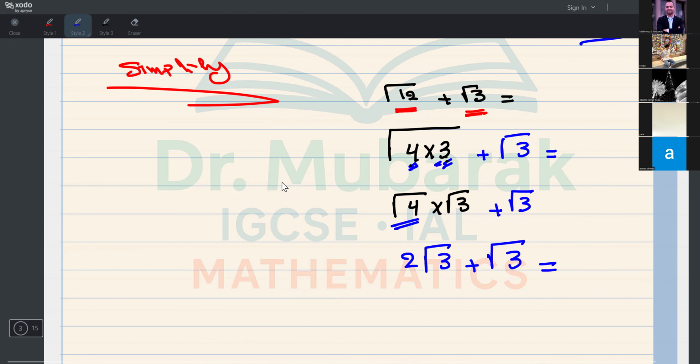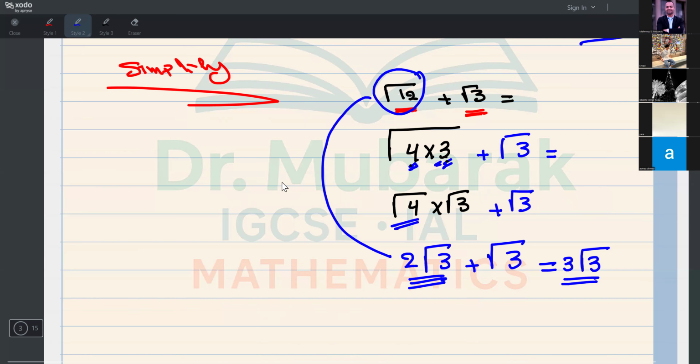And then we pretend that root 3 has 1 in front of it, so it's 2 plus 1, so 3 root 3. Excellent, Yara. The final answer is 3 root 3. So we convert from root 12 to 2 root 3, and then they become like surds and we can add.